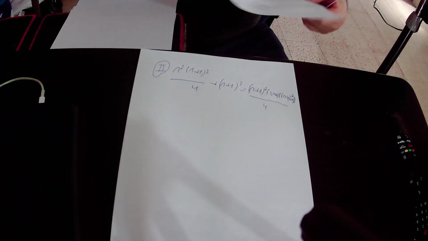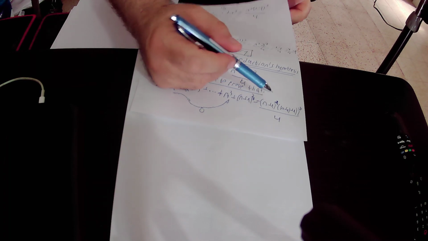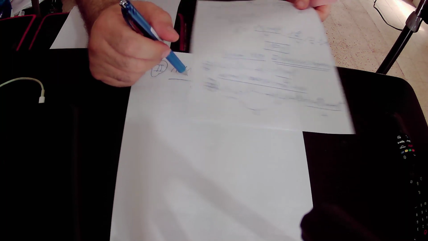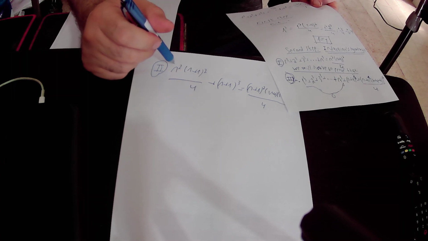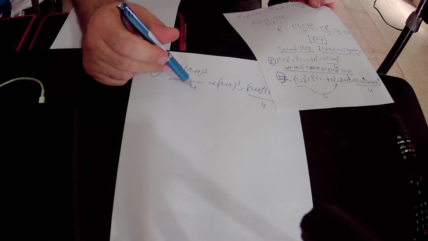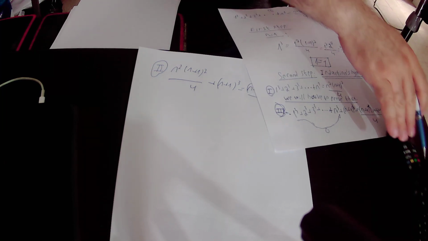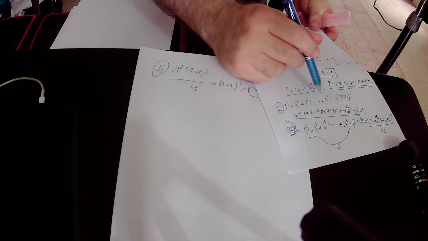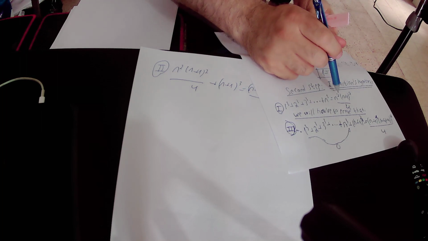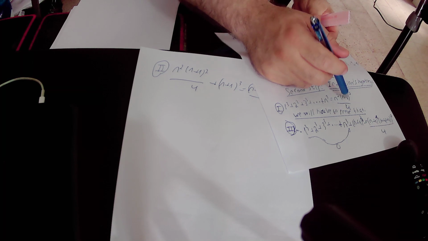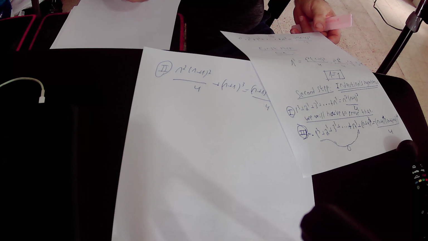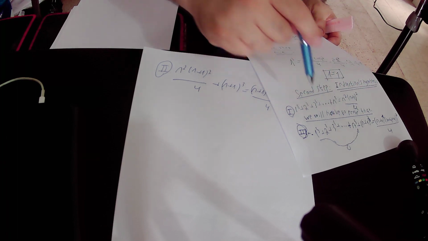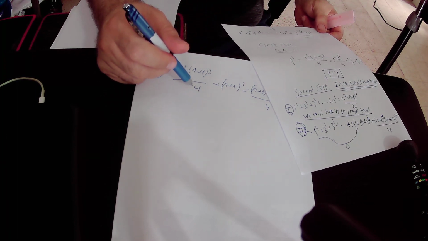So actually we substituted this expression by n squared times n plus 1 squared divided by 4, because according to the induction hypothesis, this expression equals n squared times n plus 1 squared divided by 4, and we assume that expression 1 is true, so we can substitute this expression by n squared times n plus 1 squared divided by 4.